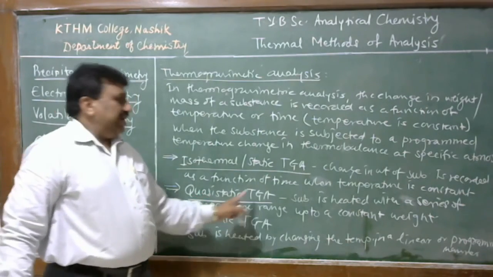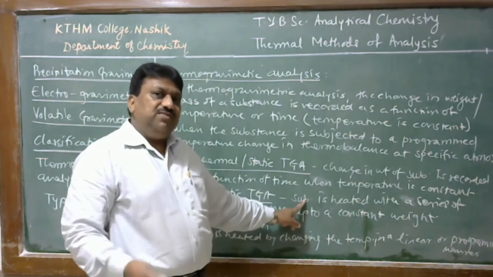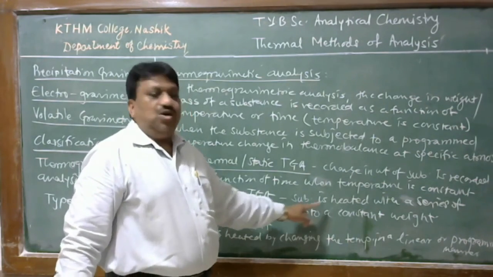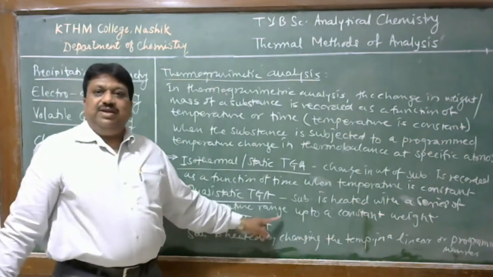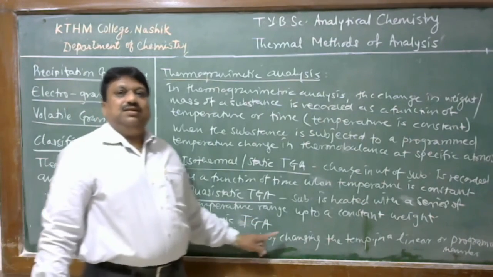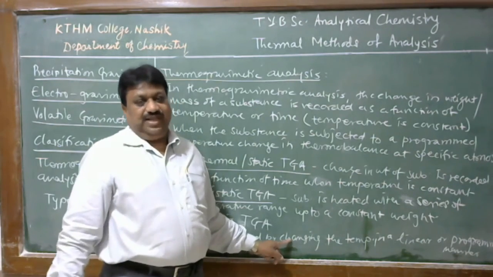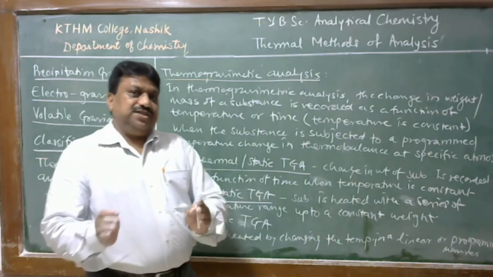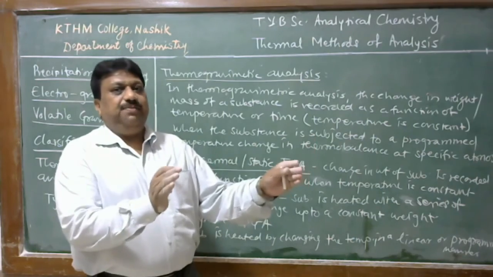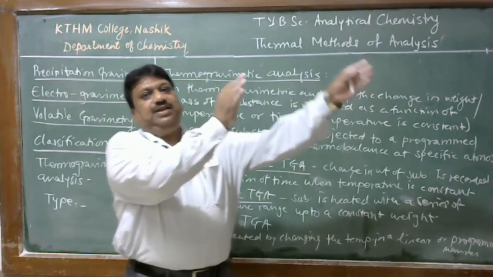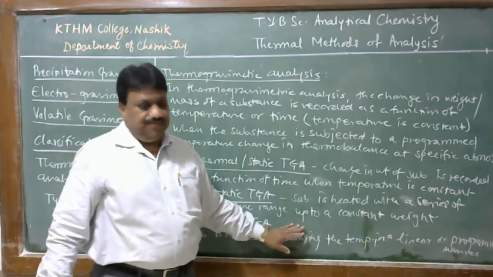In quasi-static thermogravimetry, the substance is heated with a series of temperatures to reach a constant weight. And in dynamic thermogravimetry, the substance is heated with programmed temperature ranges. For example, for heating up to 10 seconds the temperature range is this much, 10 to 20 is this much, 10 to 50 is this much. That is called dynamic thermogravimetric analysis.